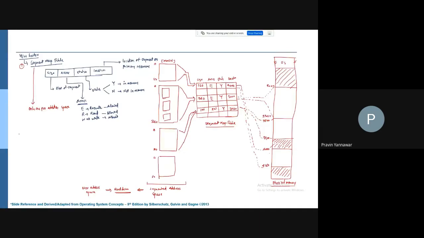This is the first hardware. The second hardware is the unallocated area table, UAT. This holds information about the unallocated memory spaces, from where they begin and where they end.